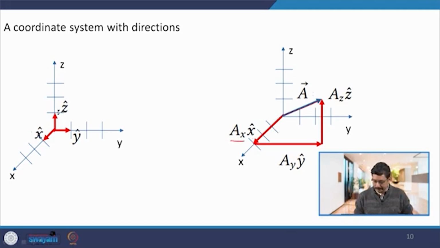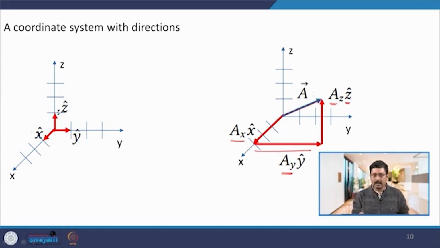Another piece whose direction is along the y axis with some length given by Ay, and a third piece whose direction is along the z axis and whose magnitude is given by Az.